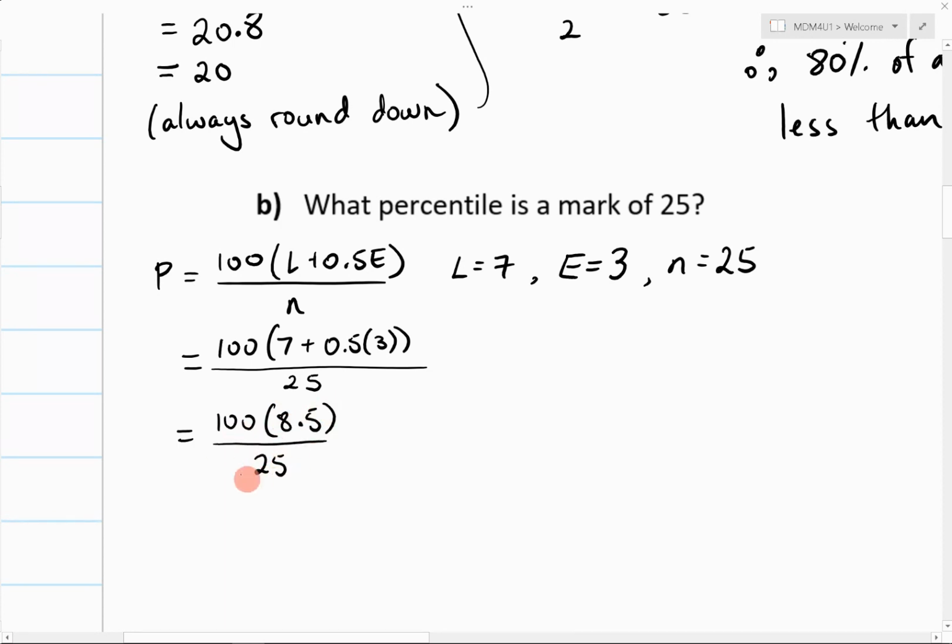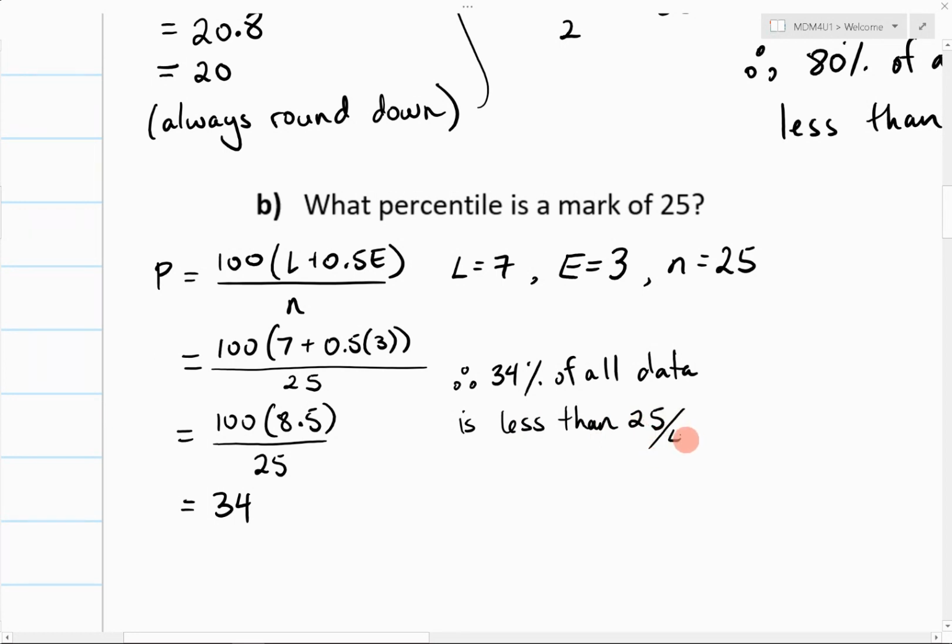When I carry out this math, my answer is going to be 34. So therefore, I can say 34% of all data is less than the score of 25 out of 40.